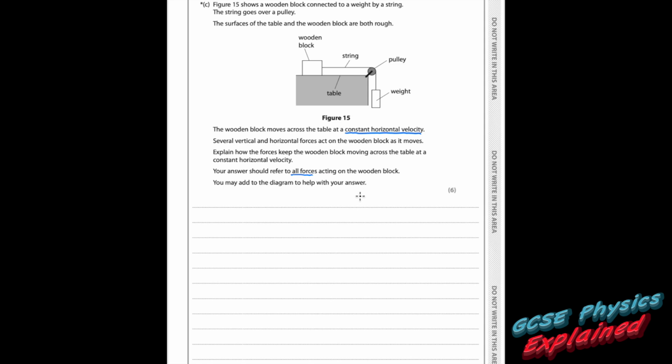Right, what you've basically got is weight pushing downwards. So that would be one of the vertical forces. You've got what's called a normal reaction force, pushing upwards.